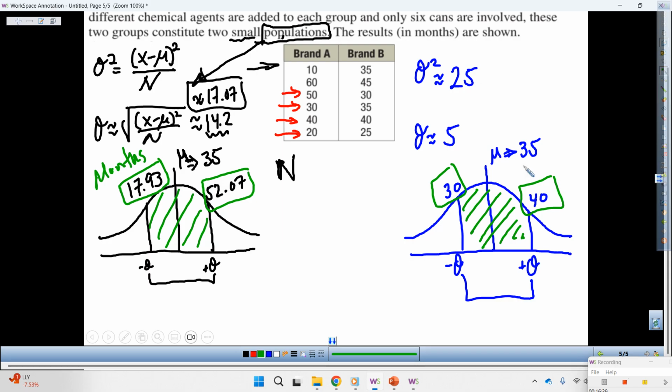So, conclusion for brand B. Tell your neighbor, what do you see for brand B in regards to being a conclusion? All right, Nick, pass someone. You said Martin.